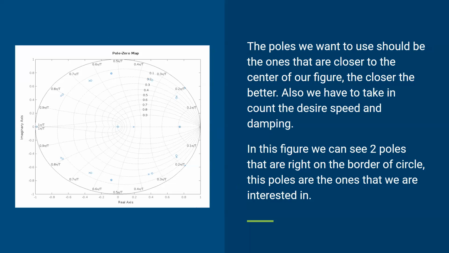These poles are the ones we are interested in because they might cause a really unstable system. All these poles and zeros, we want to make them as close as we can to the center. And this is the pole zero map from the first coordinates of the poles we used.